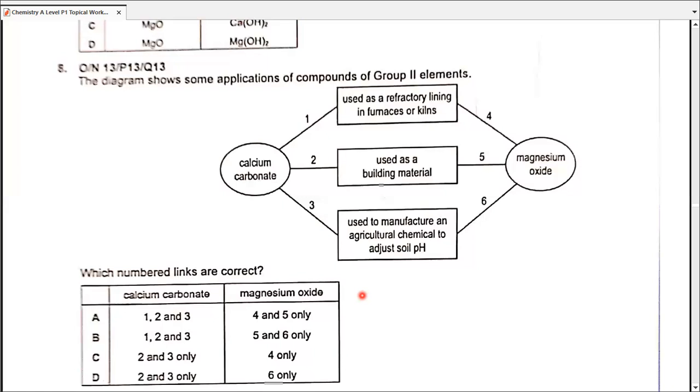Calcium carbonate reduces soil acidity. Calcium carbonate used as a building material. And then 5 and 6. 4 and 5. 1, 2, and 3.